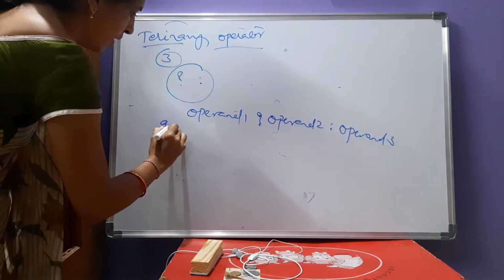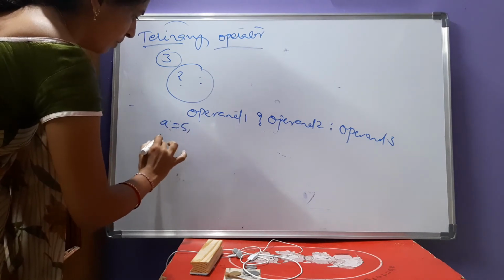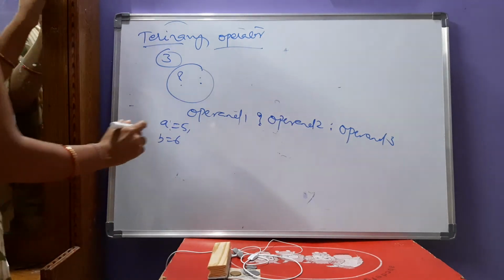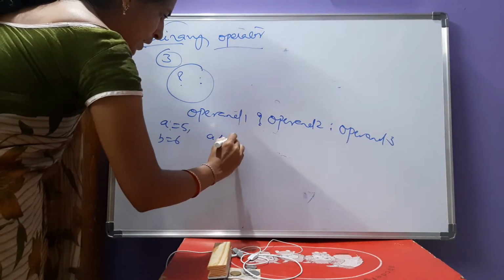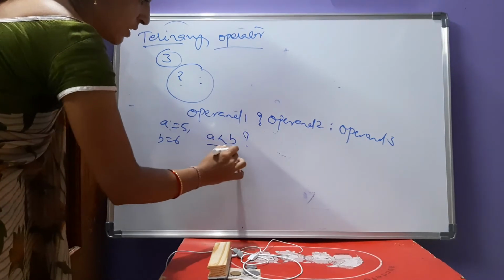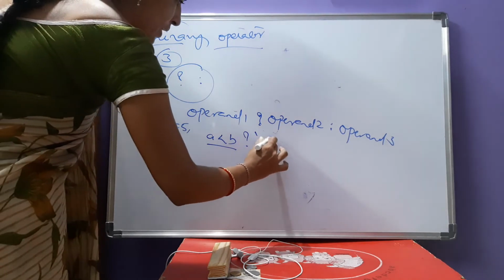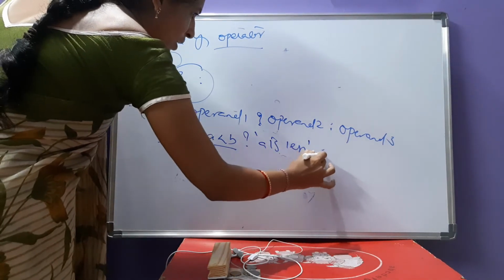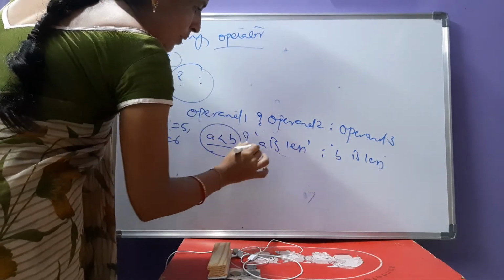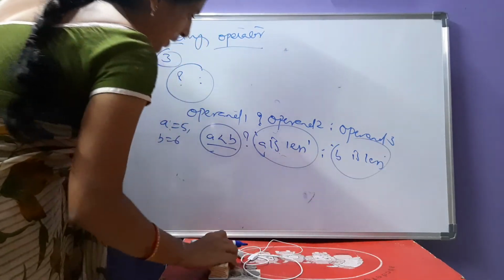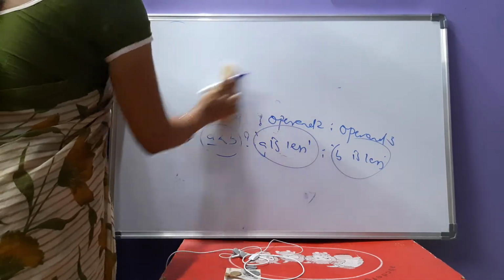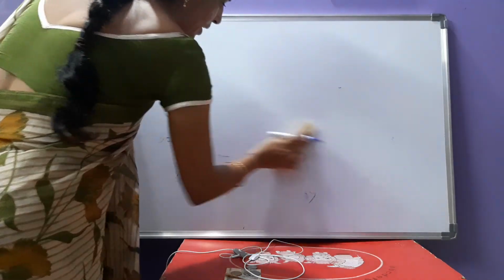For example, a equal to 5, b equal to 6. Here a less than b, question mark, this is the condition. Now whether a is less or b is less. This is one operand, this is one operand, one operand. That's why this is called a ternary operator. So this is about the different types of operators.